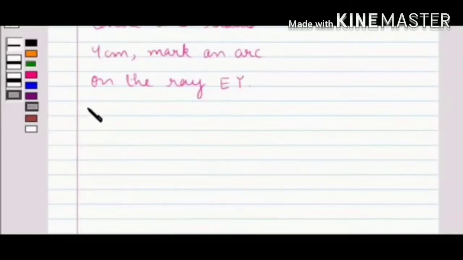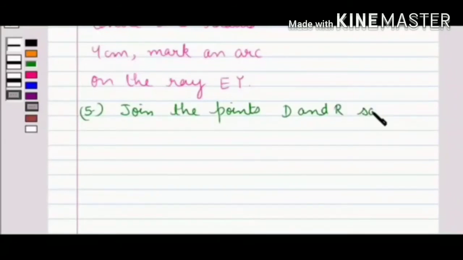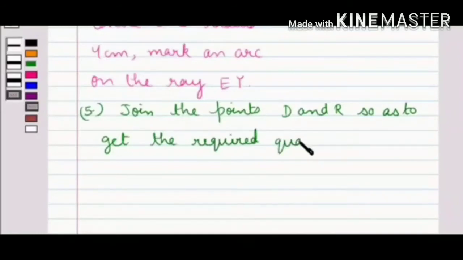So lastly, we join the points D and R so as to get the required quadrilateral DEAR.